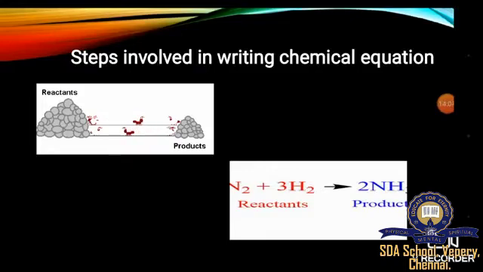So in a chemical equation we have the reactant and the product, where reactants are the substances involved in the chemical reactions and products are the substances, the result we get from the chemical reactions. So the substance involved in a chemical reaction is called reactants, and the substance that we get from the chemical reaction is called products.